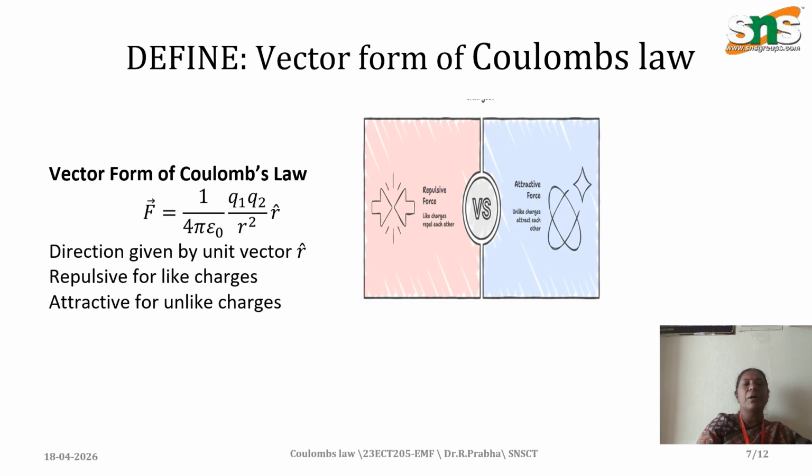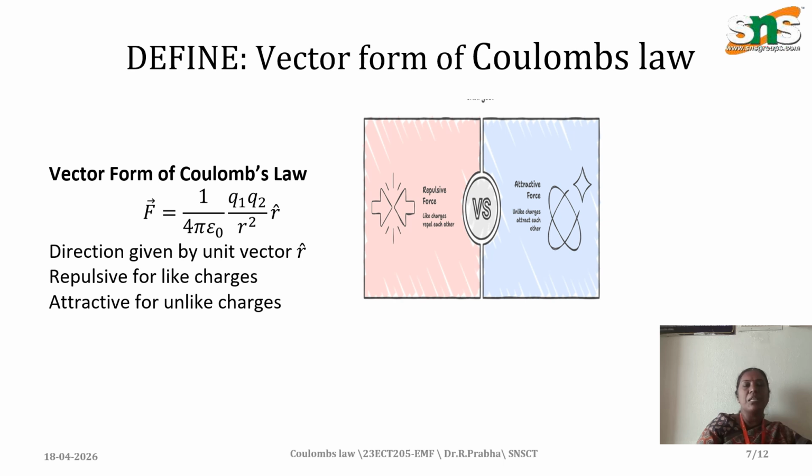So in the define part, the vector form of Coulomb's law is given by F vector is equal to 1 by 4 pi epsilon naught, Q1 Q2 by R squared, multiplied by the unit vector R cap. Here the force is given by F vector, Q1 and Q2 are the charges, and R is the distance between the two charges in meters.